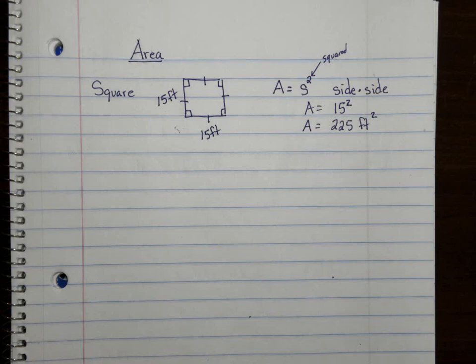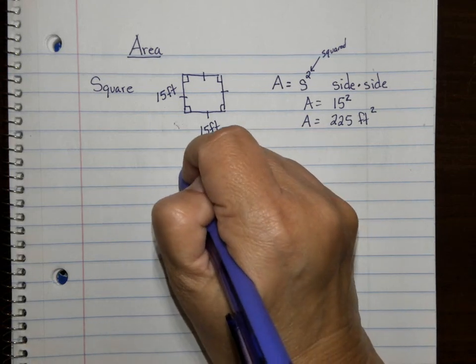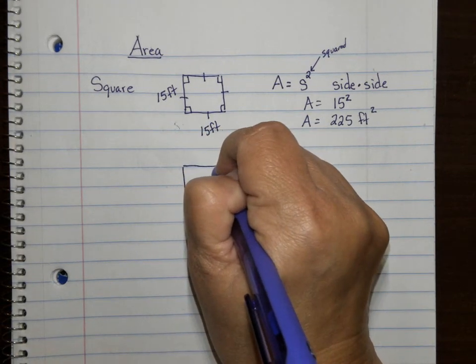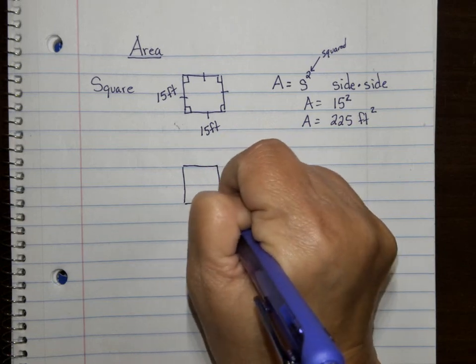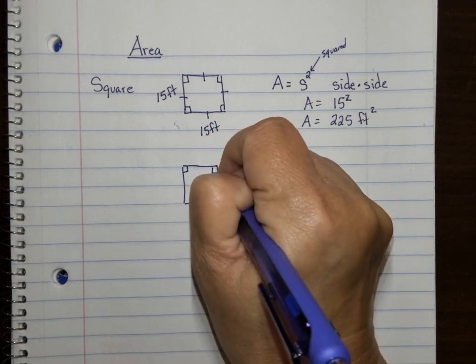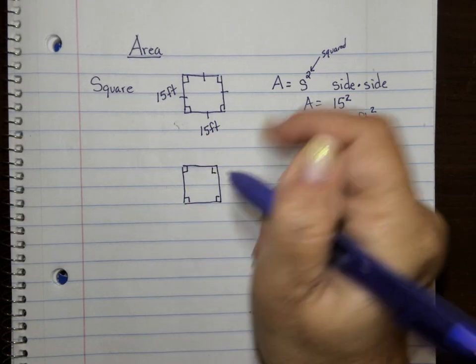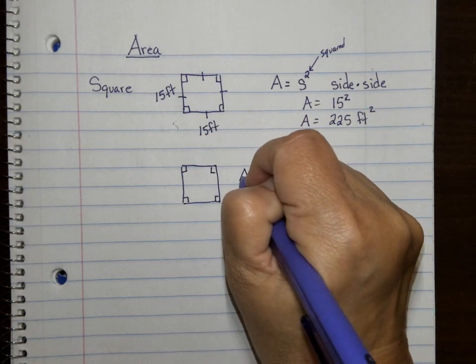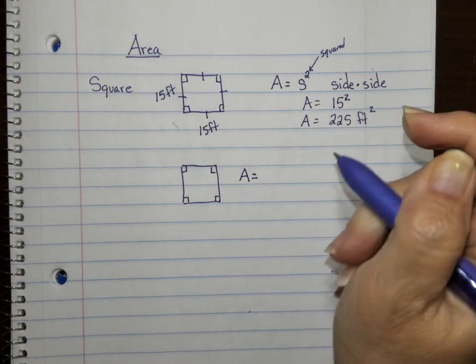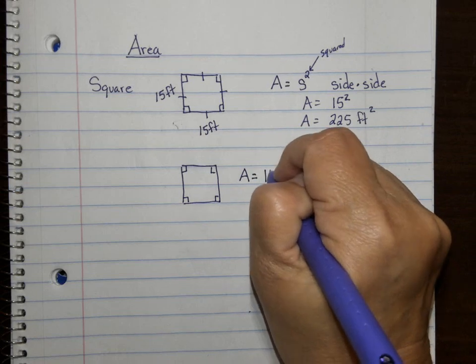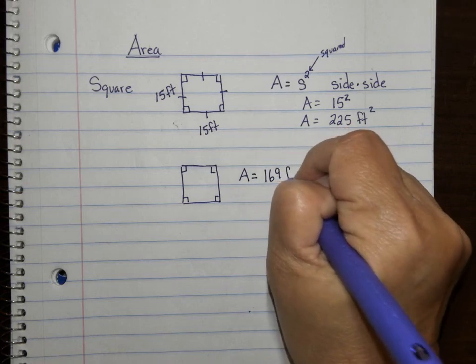Alright, sometimes we are asked to work backwards. Okay? So sometimes they might say there is a square, and they might say the area equals 169 square feet.